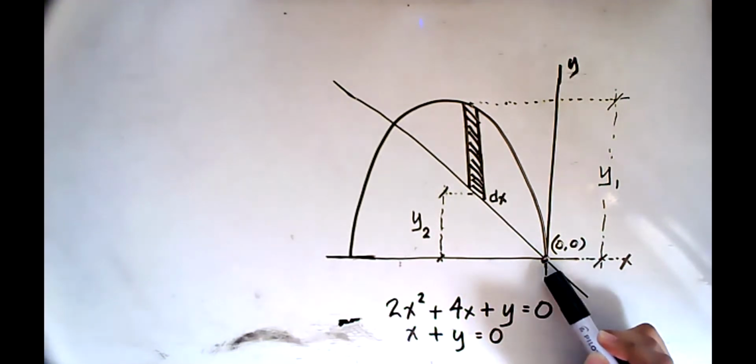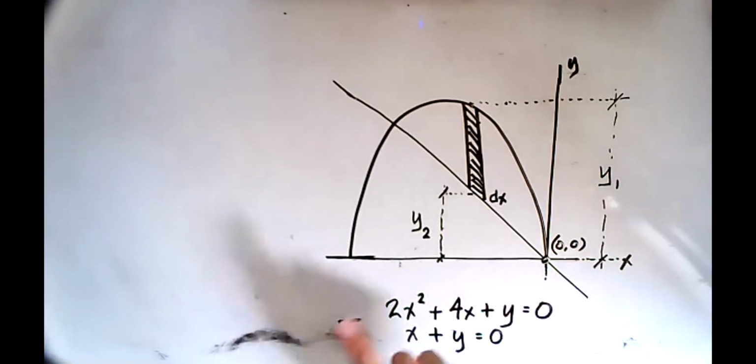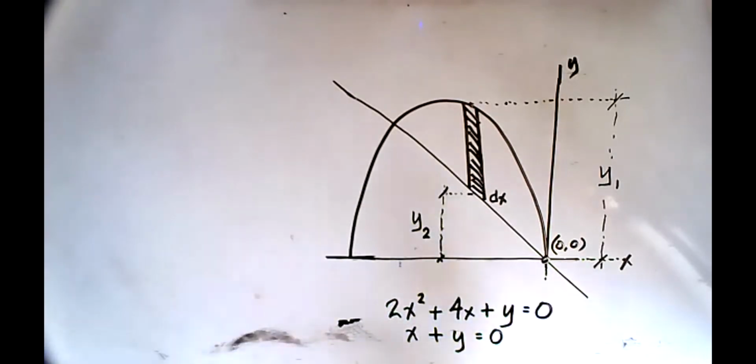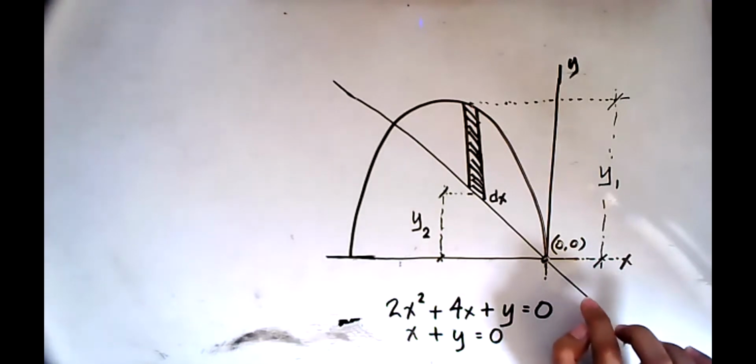So meron tayong ganong klase ng parabola. Dalawang klase din yun ng parabola. Bukod dun sa type ng parabola na opening up, opening down, to the left and to the right. So dalawa pa rin yung ating i-consider. Whether the parabola would have a center at the point of origin or at h, k.